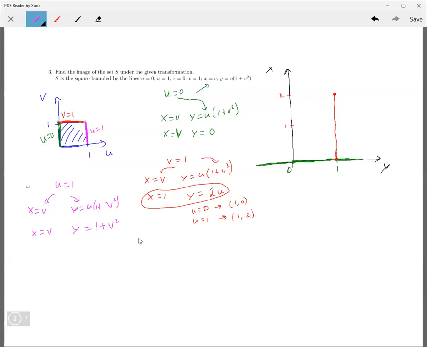So x is v, and y is 1 plus v squared. So you can plug in an x for that, and you have y equals 1 plus x squared.